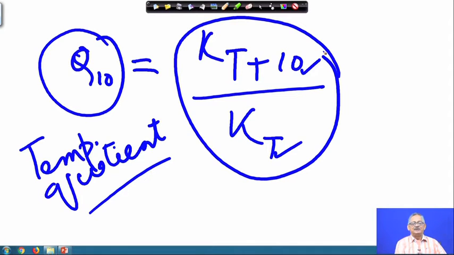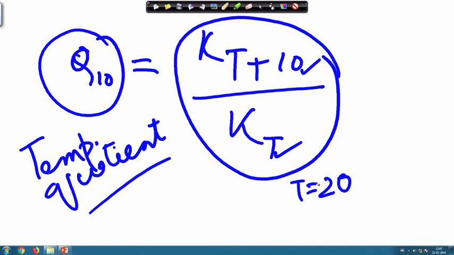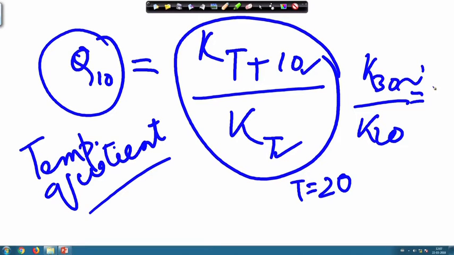So Q10 will be, say, if T is 20 degree, then if we make this plus 20 degree, so K 30 over K 20, this roughly can be said to be equal to 2.